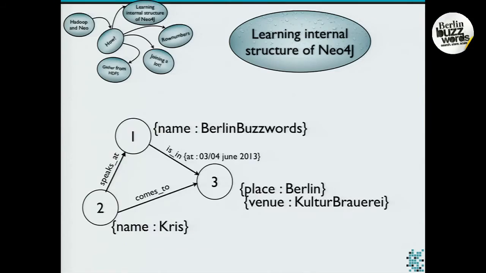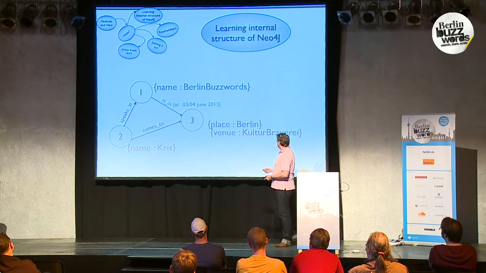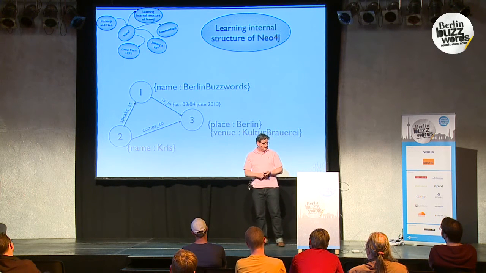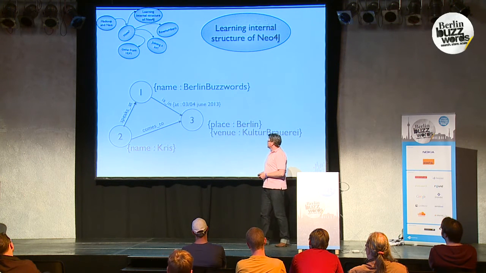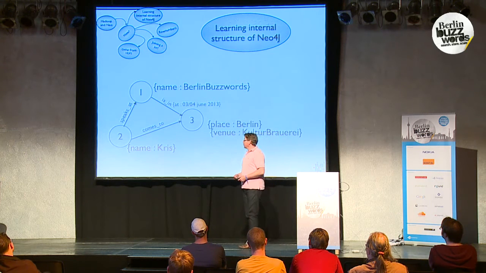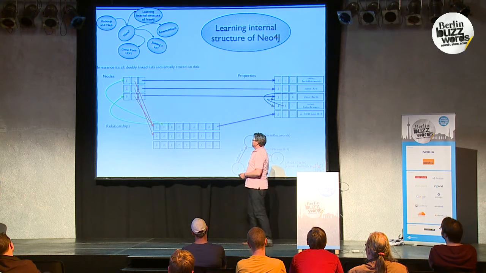Since pictures say more, I created this little graph. It's me being a speaker at Berlin Buzzwords. There are properties between the curly brackets, so the place, Berlin, the venue, Kulturbrauerei, but also a property, the date, at the relationship. With this little graph, you can see a little how it works.